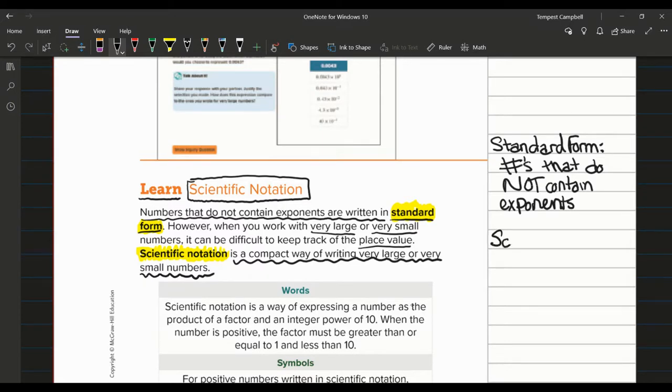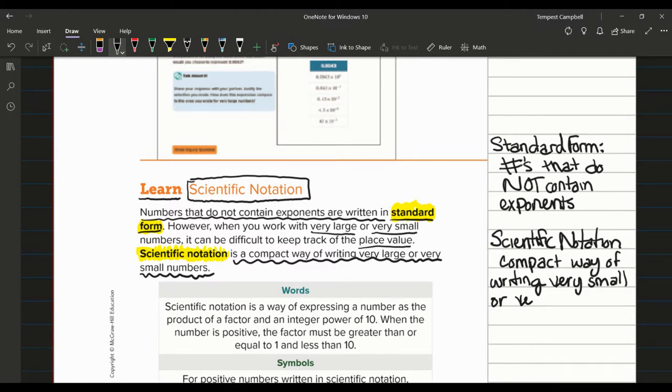So on the side, let's write scientific notation. And it's a compact way of writing very small or very large numbers.